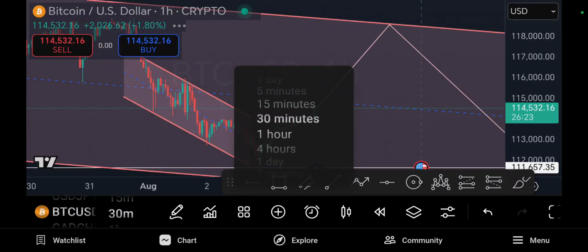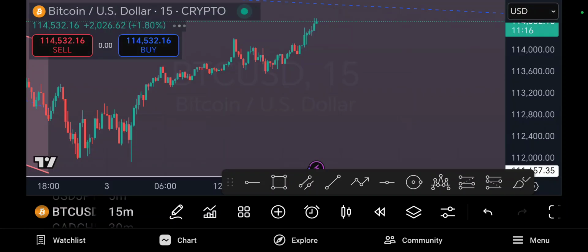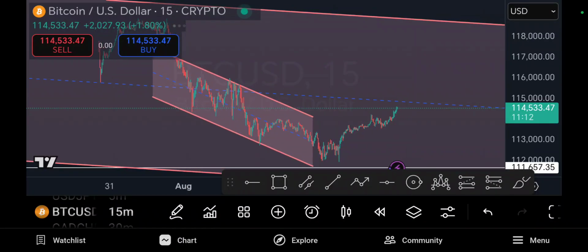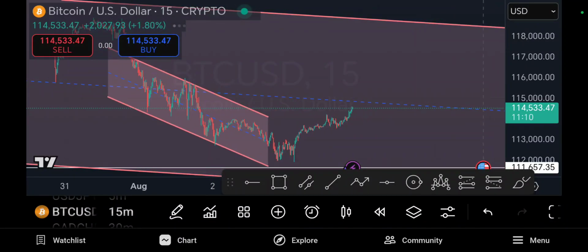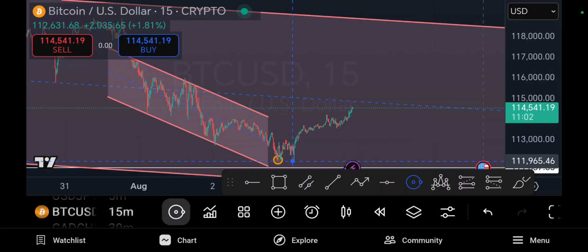So with that being said, I could say it's showing me a double, not a double. Yeah, it's also showing me a double bottom. It's also showing me a head and shoulders pattern.